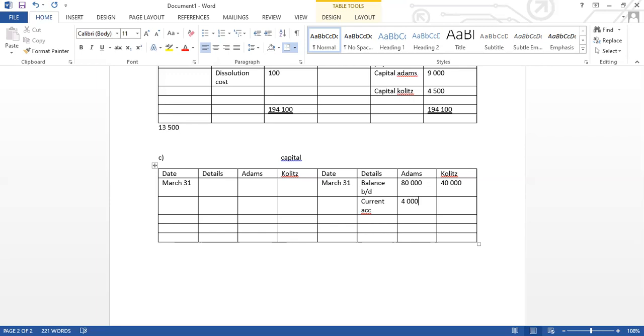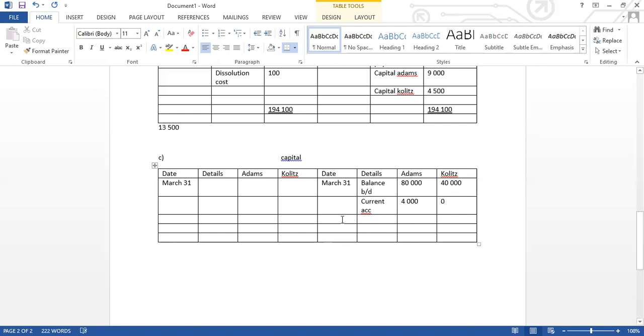Can you add up your equity and liabilities? Will it give you 164,000? Yes. Okay, that means that Collins's current account balance is 0. So we have 0 here.